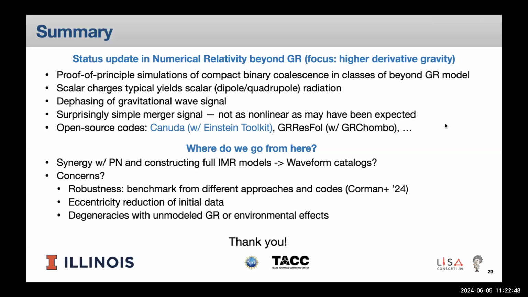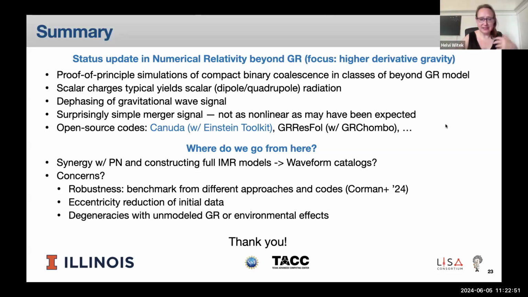Okay, very good. Looking at this last item here, I didn't tell you about environmental effects. This is work that we have been doing with Ching, who is in the room, where we modeled one environmental effect with a scalar field. What we are seeing there is also a shift in the gravitational wave phase due to the presence of this long-lived scalar field, and it looks very similar.